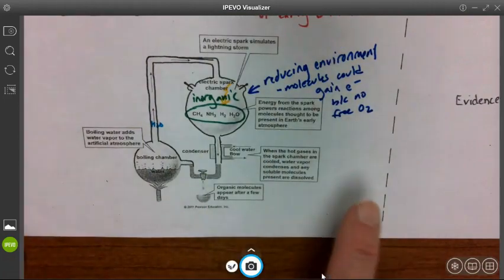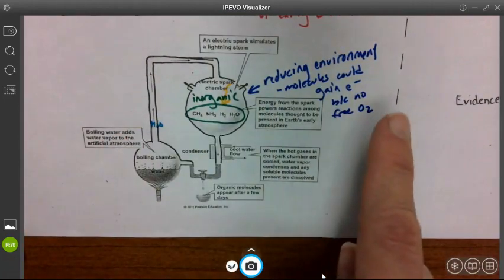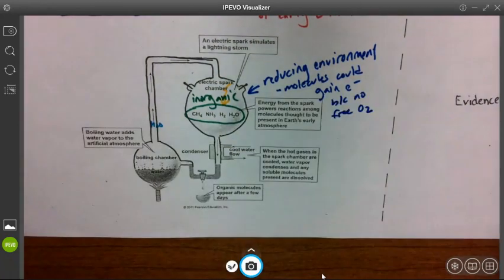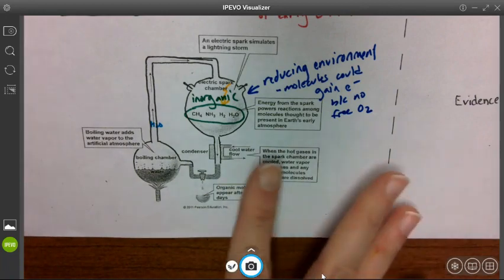So they have the heat, they have the mixing of the chemicals, they have no free oxygen, they have electricity, and that electricity allowed them to spark chemical reactions.